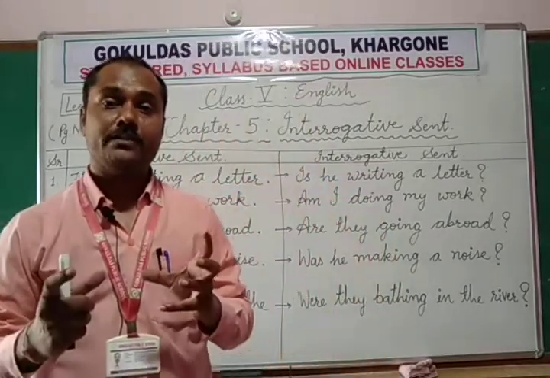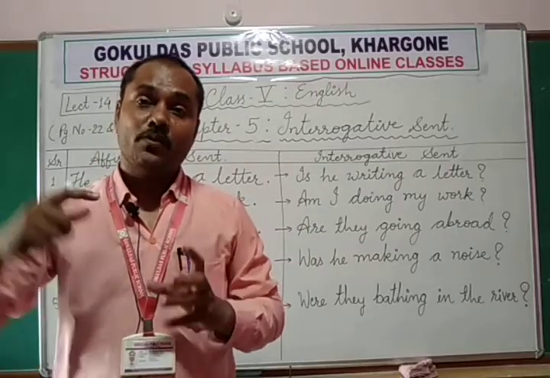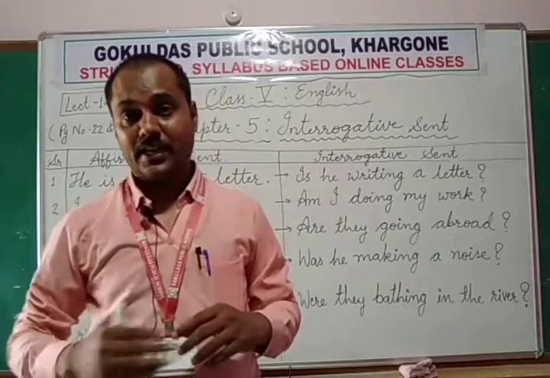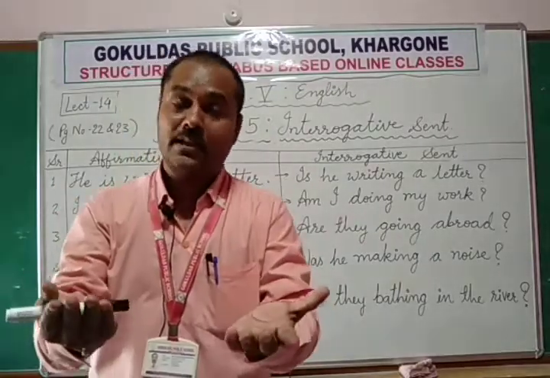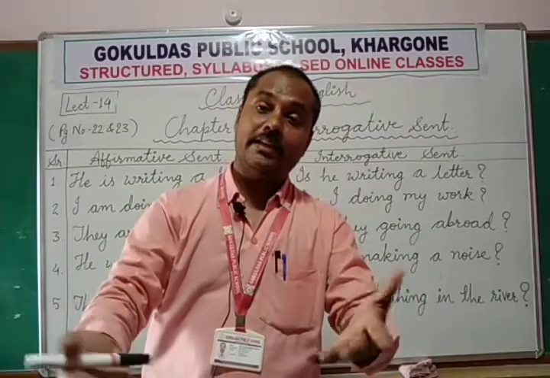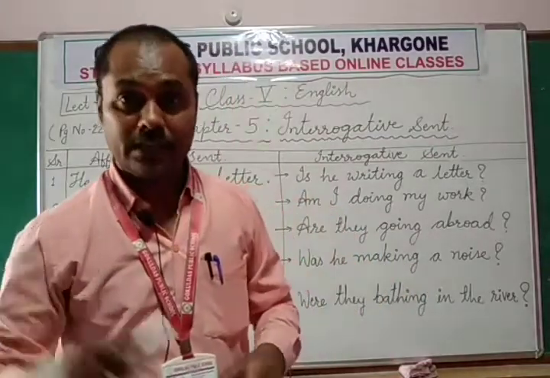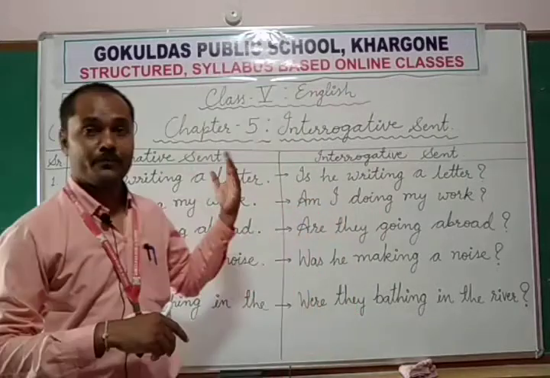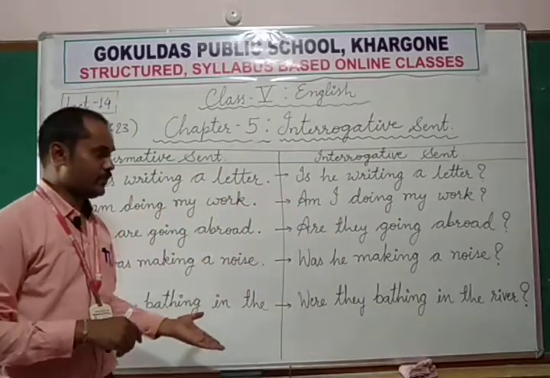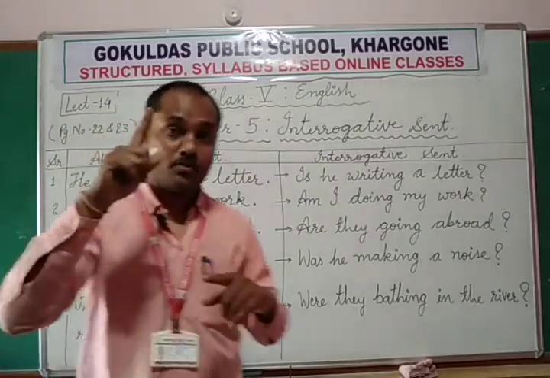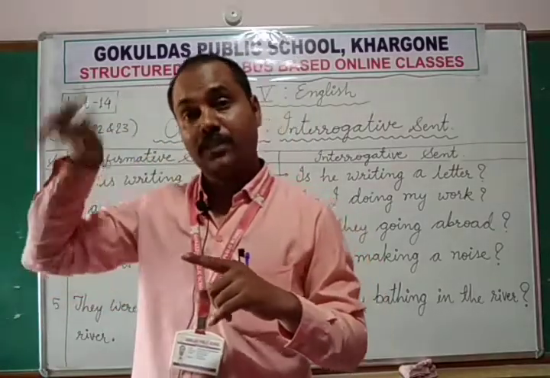Continuous means the work which is going on, which is already in continuing position. Just like I am teaching you, that is a continuous process. I am doing this. You are learning, you are reading, you are writing. Again, your work is continuing, in progress. So these types of works are shown by present continuous and past continuous. They are very simple because they follow the general first rule which is applied in the first table.